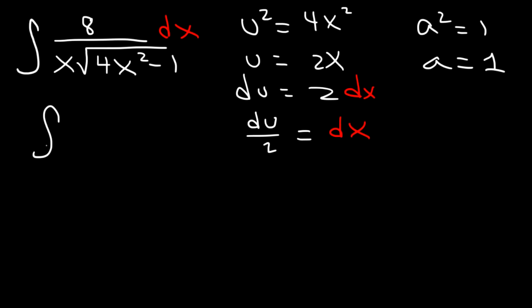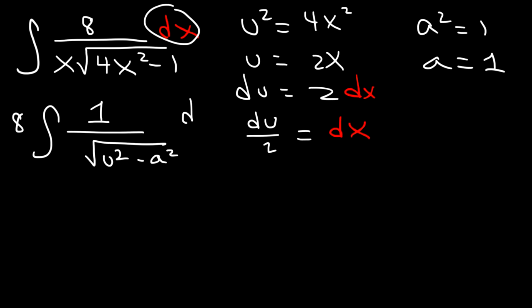So now what we're going to do is move the constant to the front. So there's going to be an 8 on top. We're going to replace 4x squared with u squared and 1 with a squared. Now let's replace dx with du over 2. Let me just put a line to separate this stuff.